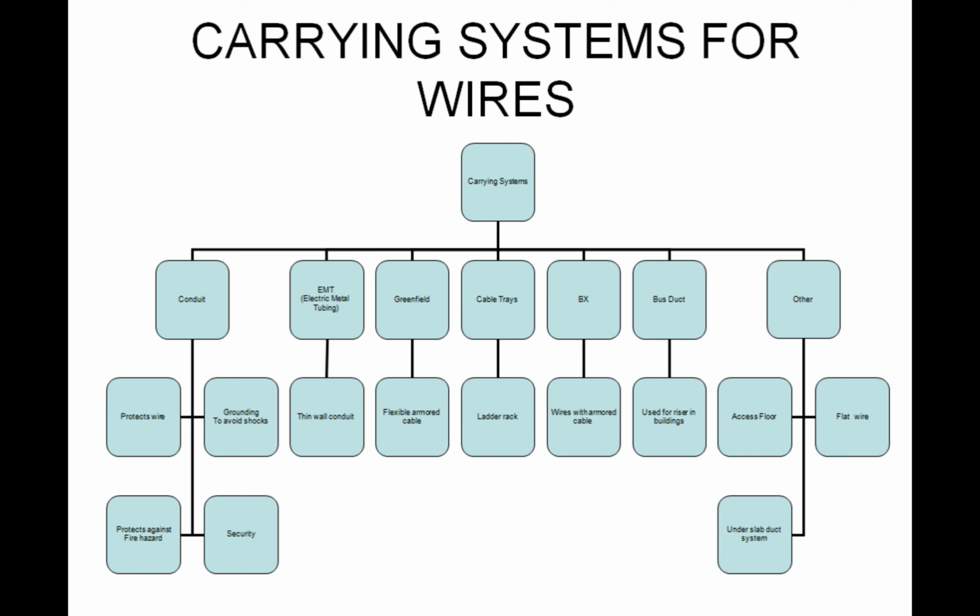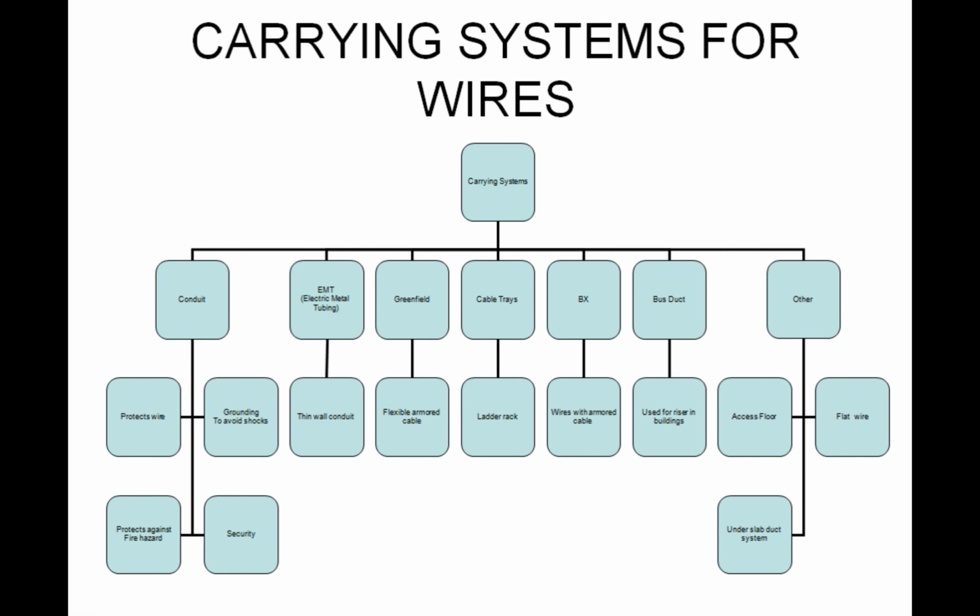Now BX is another kind of more rigid wiring. We'll see a couple of examples of this to make it a little more clear. And again, it's kind of like smaller armored cable.